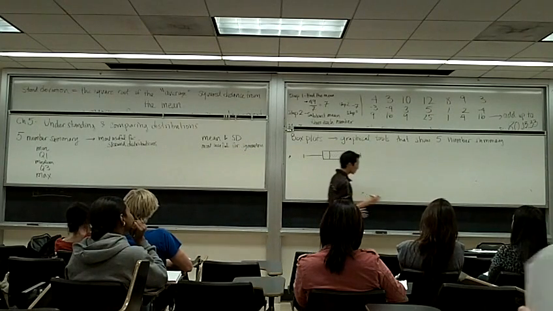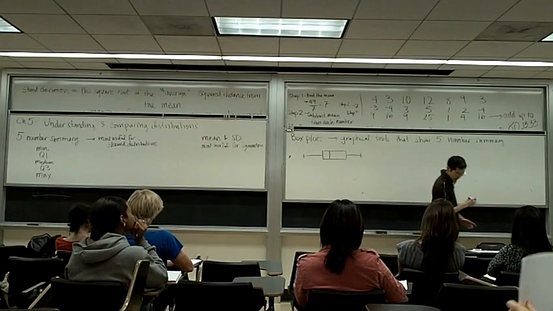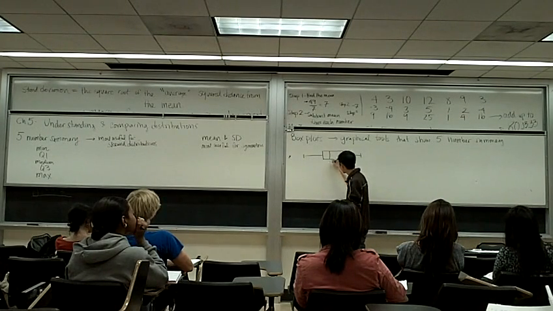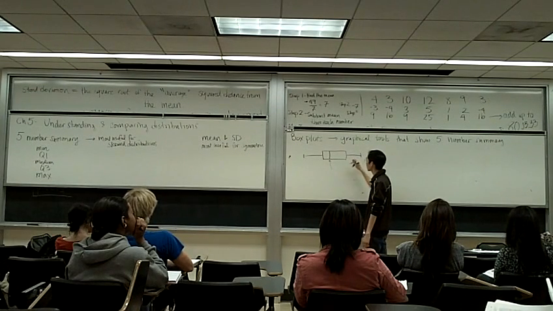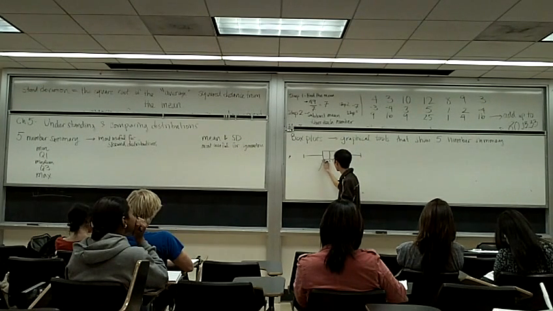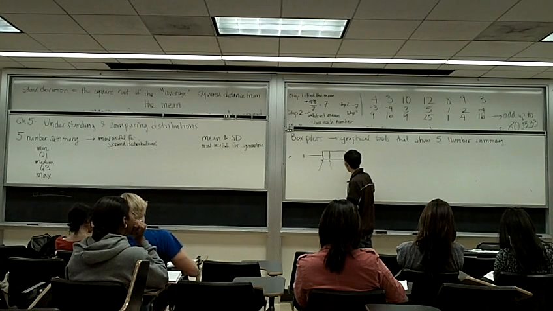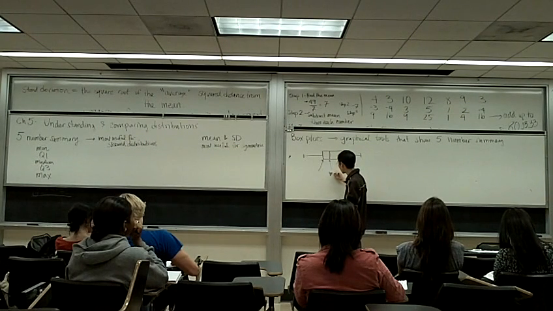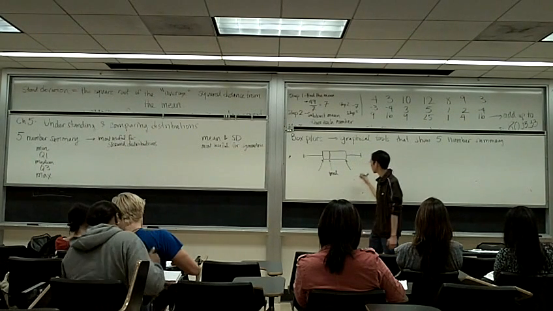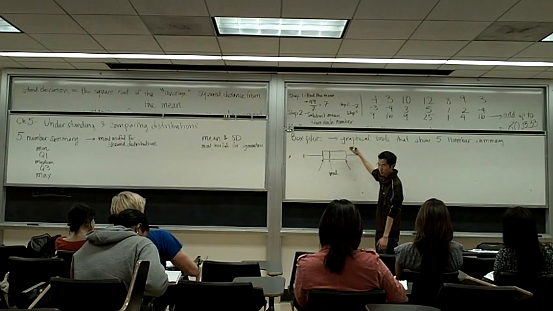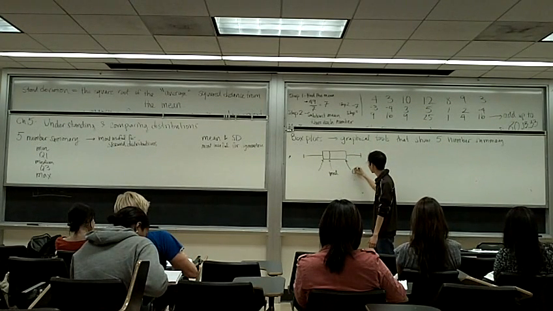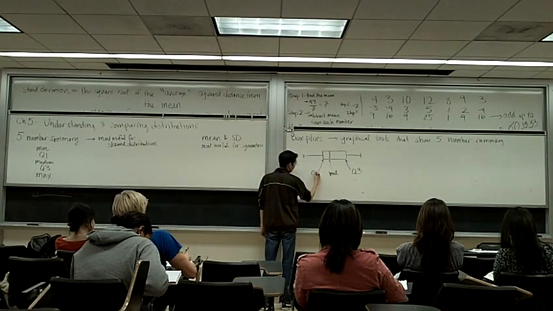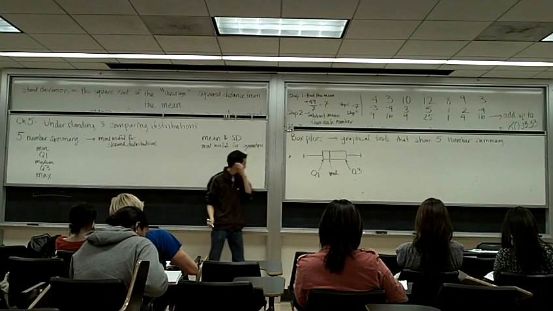But the components of a box plot are that you have this line, you have a box, and there's three vertical lines in the box. The middle line, this bar in the middle, that's the median. And this boundary of the box, that's the third quartile, and this boundary of the box is Q1.